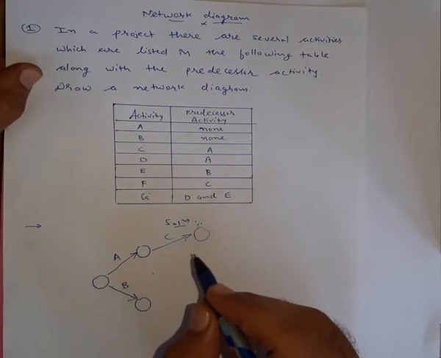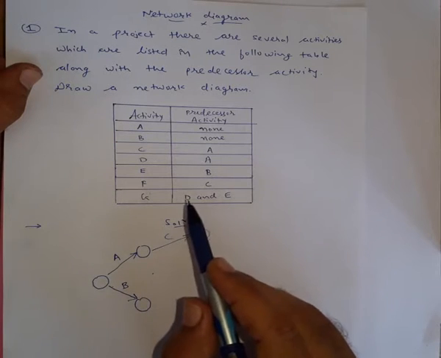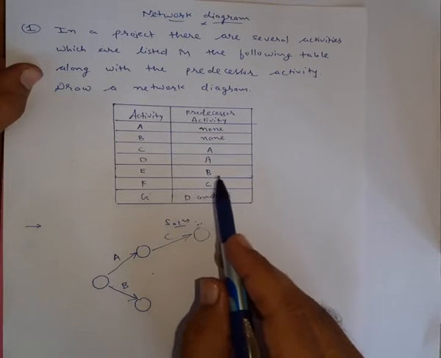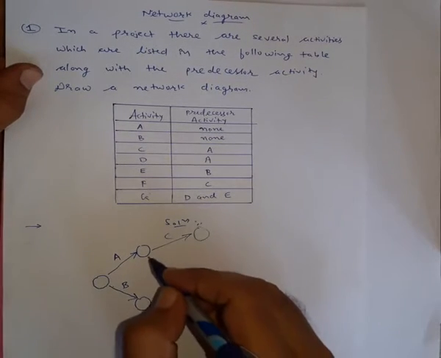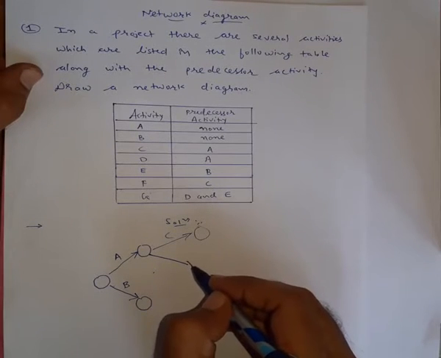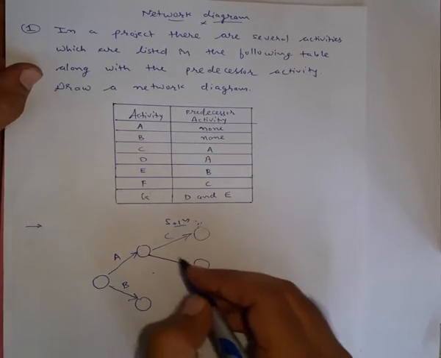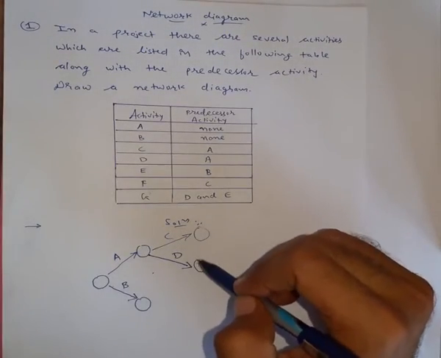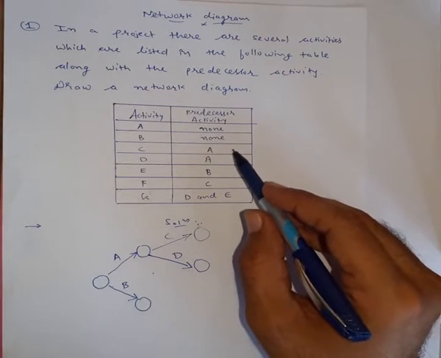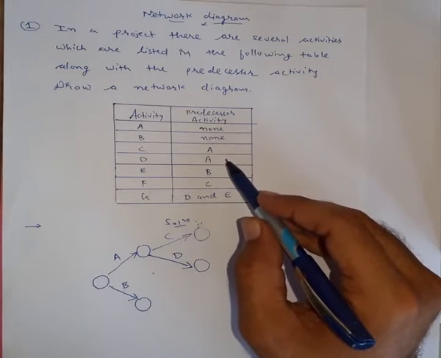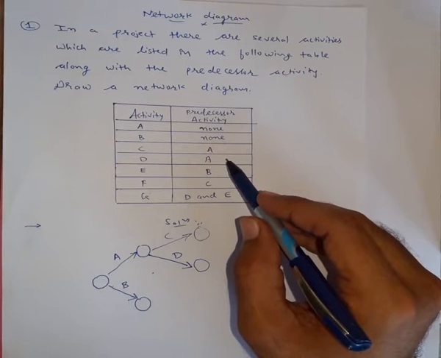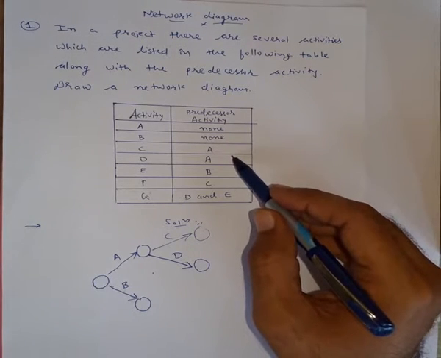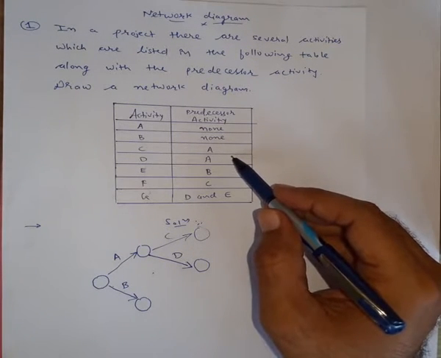Now coming to activity D, you will have to check what the predecessor activity is. Again it is dependent on A. So you can bring this out from activity A and name it activity D. Now you can see here that activities C and D have the predecessor activity A. So that means activities C and D are dependent on the completion of activity A. You can start activities C and D only when activity A has been completed.